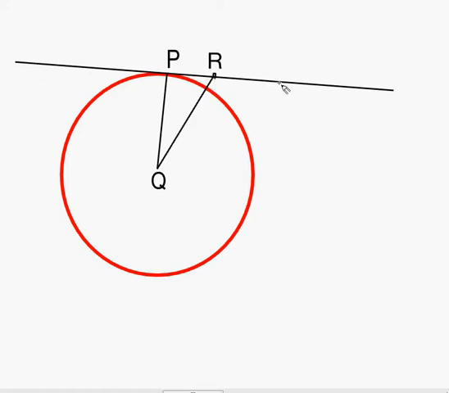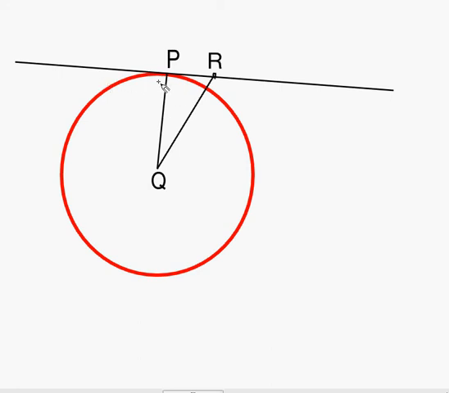Since this is true for all points along line L, we therefore know that line segment QP, of length radius, has got to be the shortest distance from the point Q to the line L. We know from other more basic theorems in geometry that the shortest distance from a point to a line is the perpendicular from the point to the line.